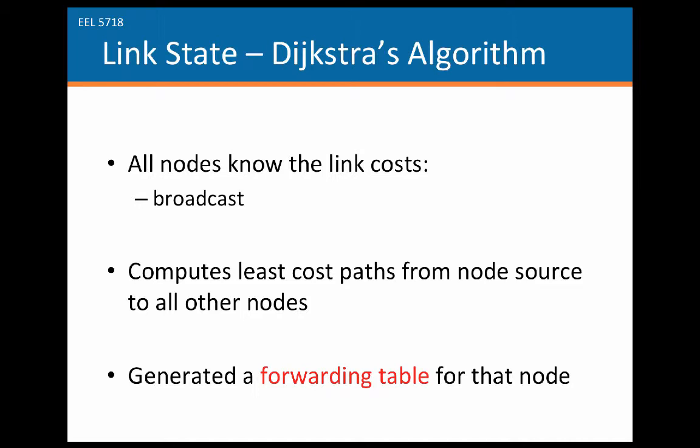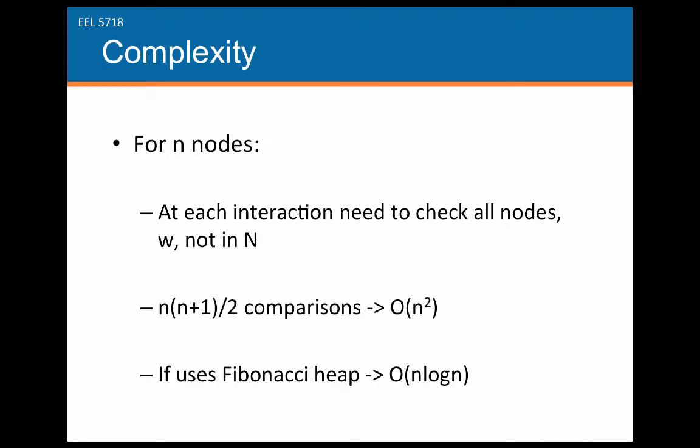Again, each node maintains its own forwarding table or routing table. The complexity of the protocol for any node in the network: we need to check all nodes that we haven't checked yet, and it's usually O(n^2), but it can be implemented using a Fibonacci heap, which reduces it to O(n log n).